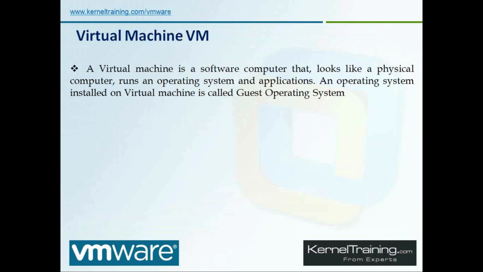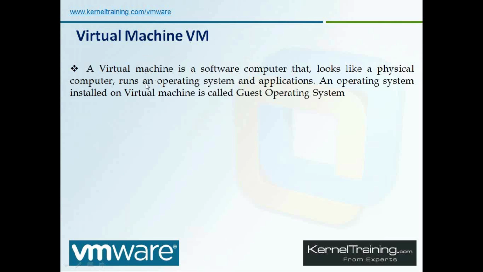So what is meant by virtual machine? A virtual machine is a software computer that looks like a physical computer. When you use the hypervisor product, we have a concept called virtual machine. The hypervisor is going to create a virtual machine. The virtual machine looks like a physical computer, but it is a software computer.